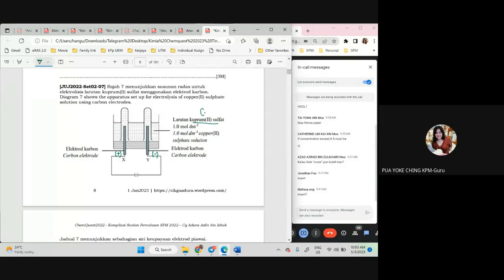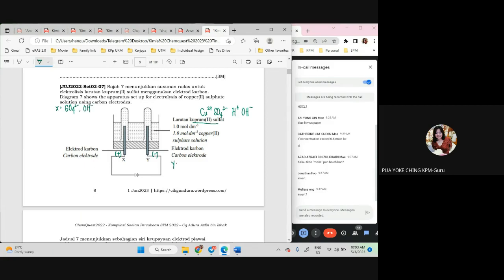CuSO4 solution. Cu2 plus. SO4 2 minus. H plus. OH minus. So dekat X, cikgu ada negative. SO4 2 minus dengan OH minus.